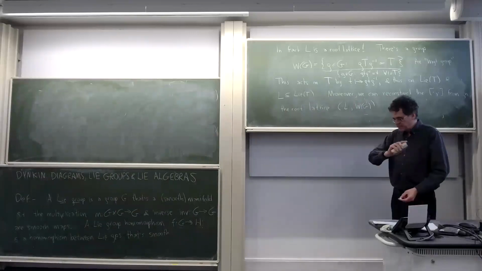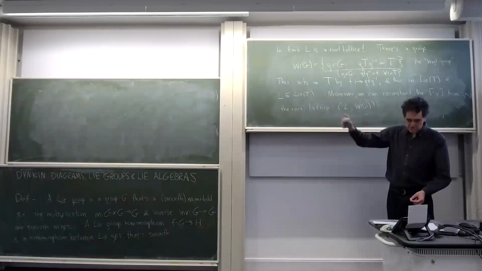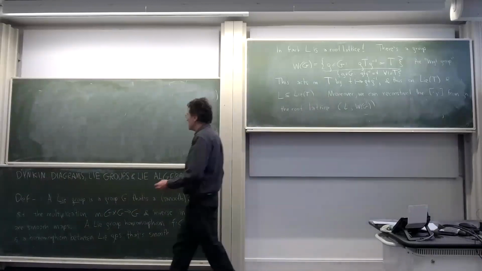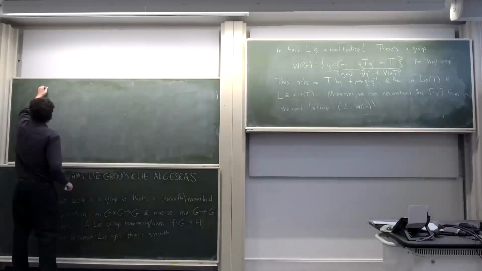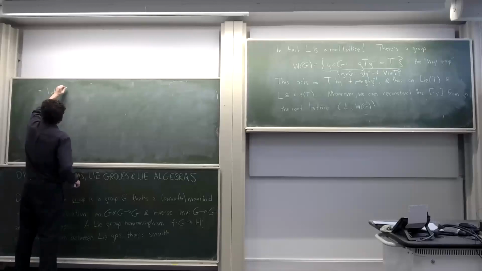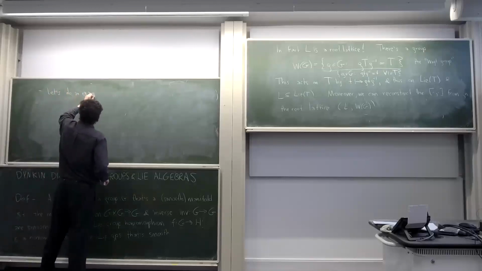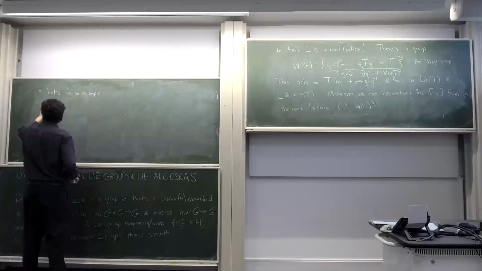So what I think I want to spend my remaining time on is, instead of writing that theorem over again, to do an example. That's more useful, I think. So let's do SU(n).